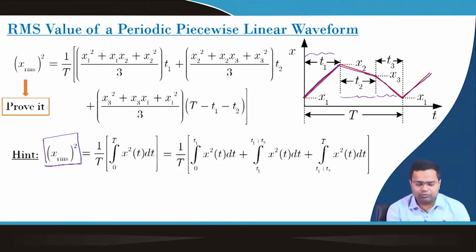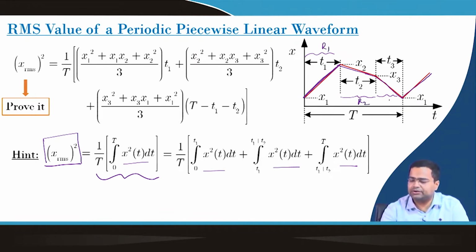Now, if you want to get the RMS square, this is a basic equation: 1 by total time, then integral 0 to T, the time period, x square t dt. You can break the whole integral into 3 pieces, because there are 3 regions: region 1, region 2 and region 3.